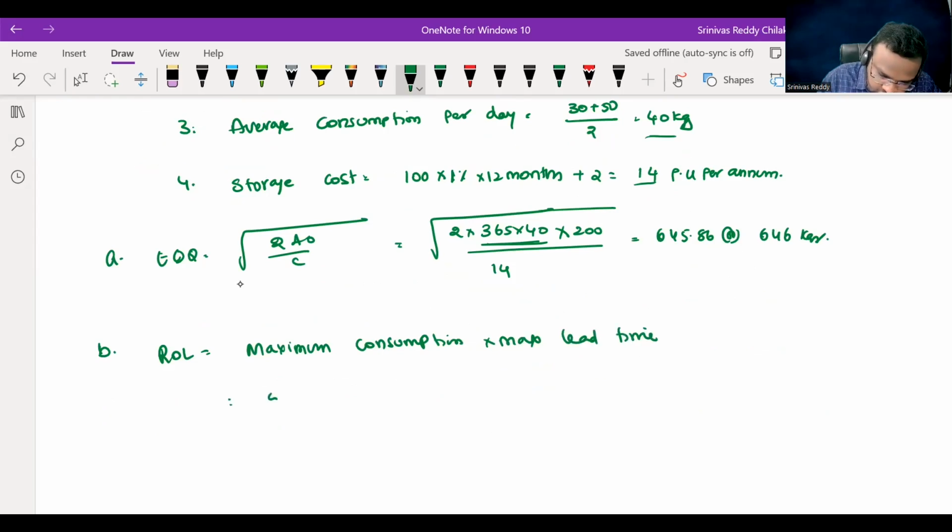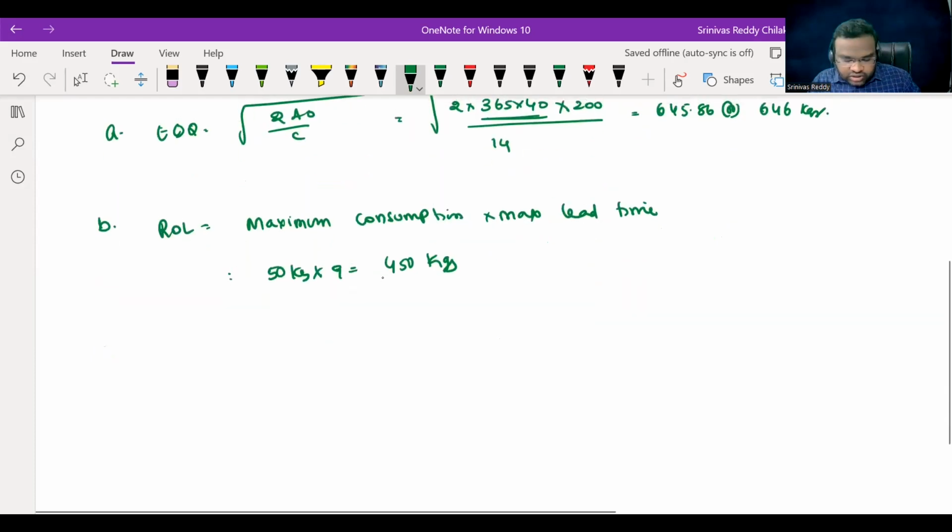What is the maximum consumption? 50 kgs. What is the maximum lead time? 9 days, right? So 450 kgs. So this is ROL.